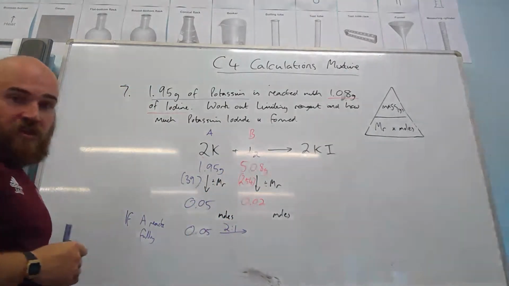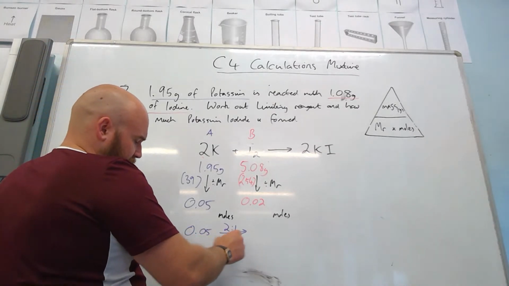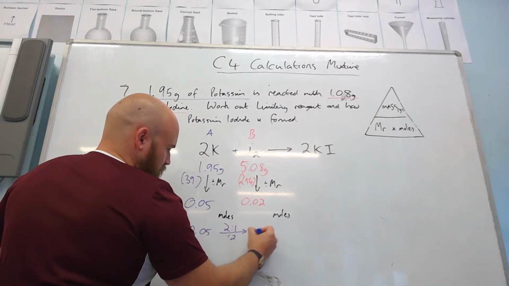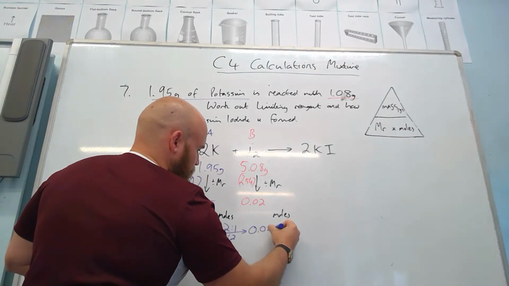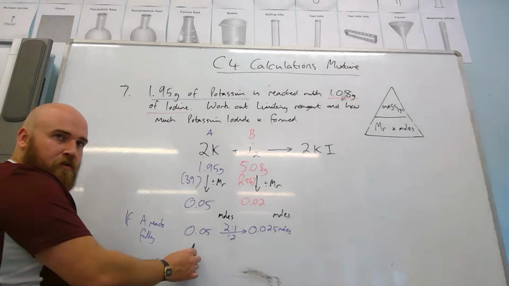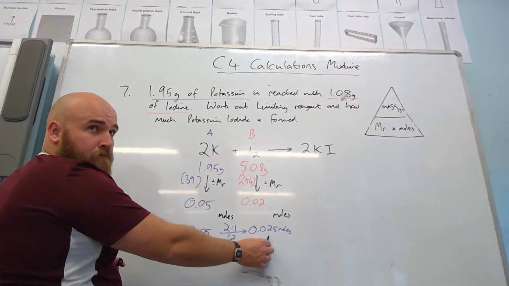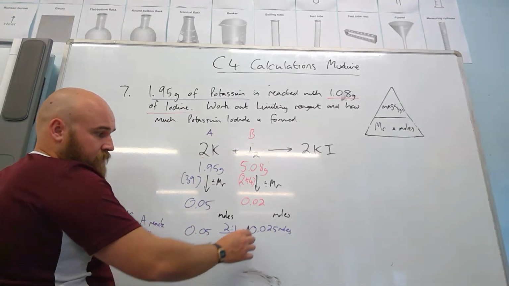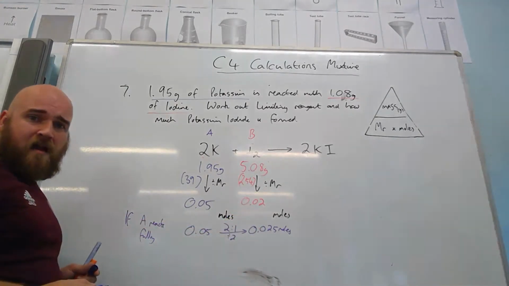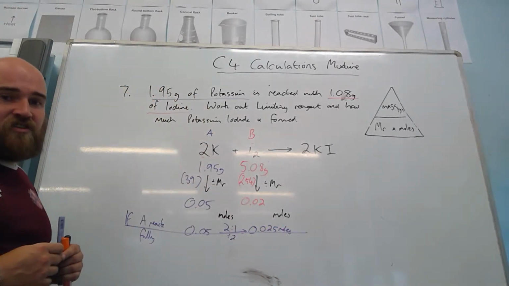So I would need 0.05 divided by 2, because it's a 2 to 1 ratio, 0.025 moles. Can that happen? Do I actually have 0.025 moles to react with? Well, I've only got 0.02 apparently, so we know for a start that must be wrong. So I'm going to put a line through that straight away.